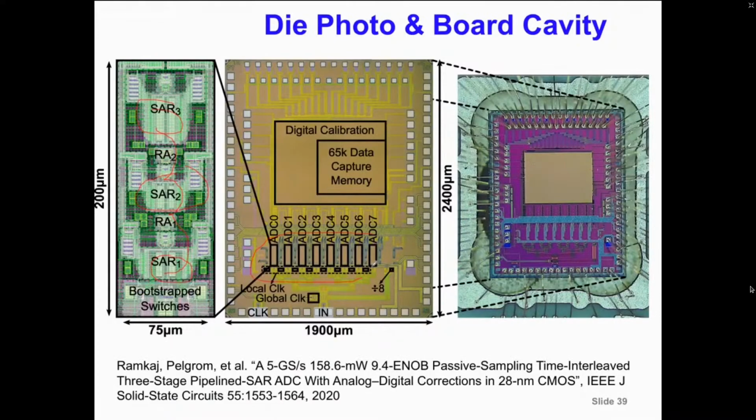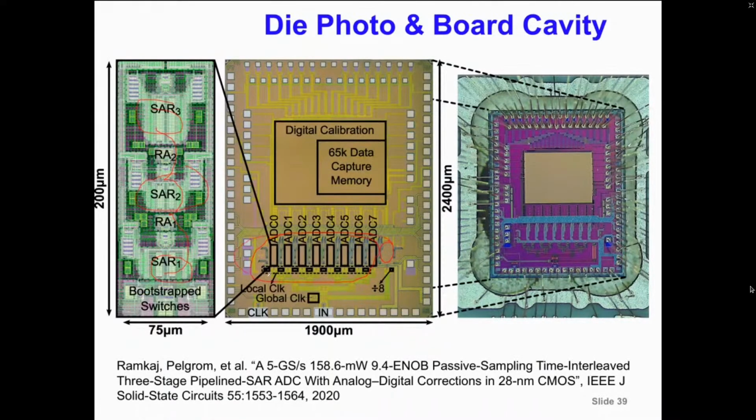Here are the 8 SARs, and I hope nobody gets angry, but actually there is a 9th SAR, because the original plan was to do an error correction based on a redundant SAR, but we couldn't get that to work, and so we had to remove that ADC in the end in this design.